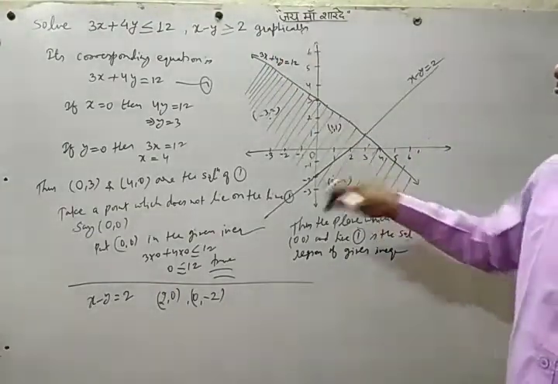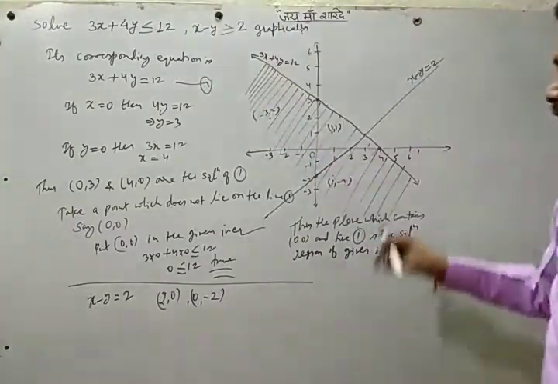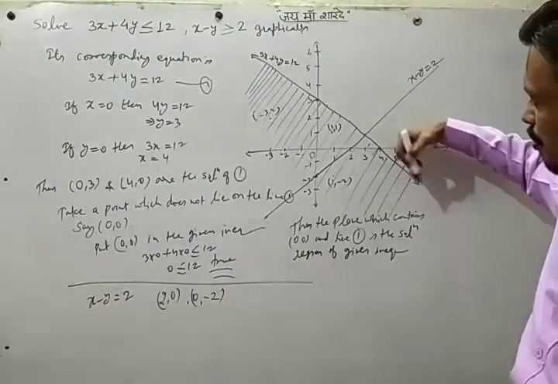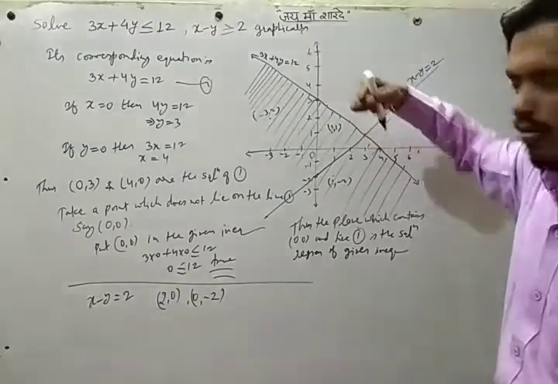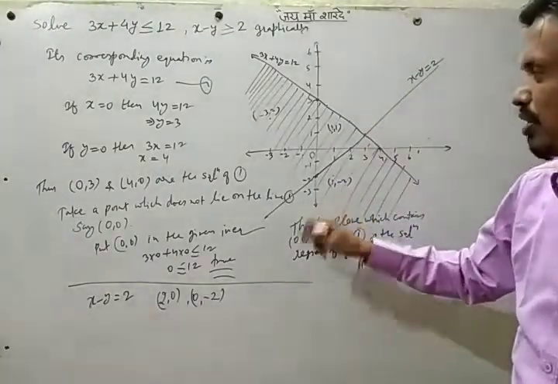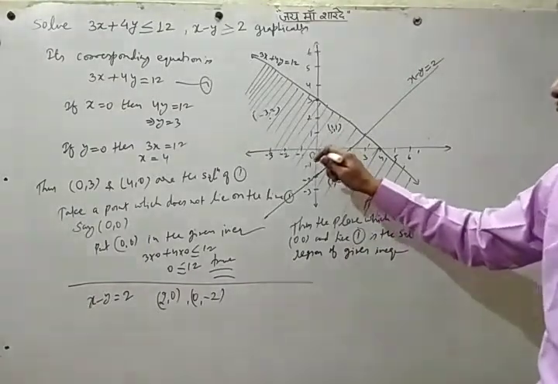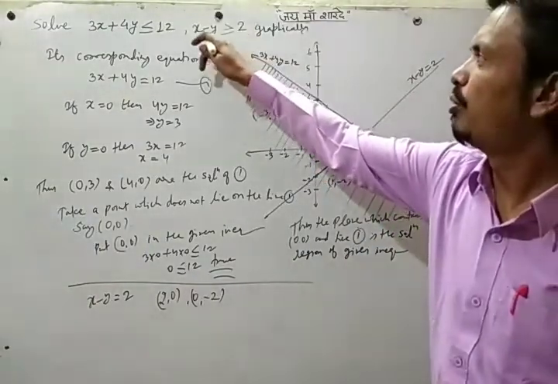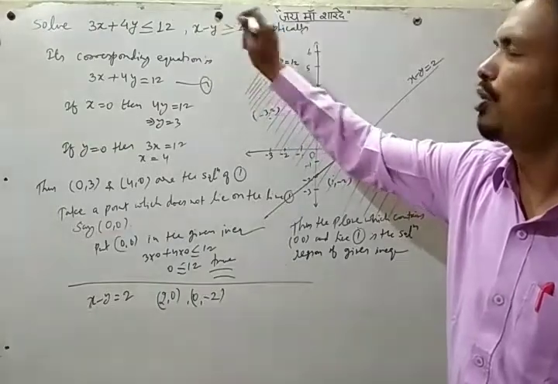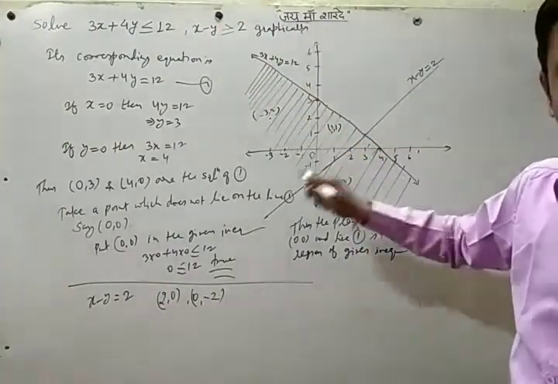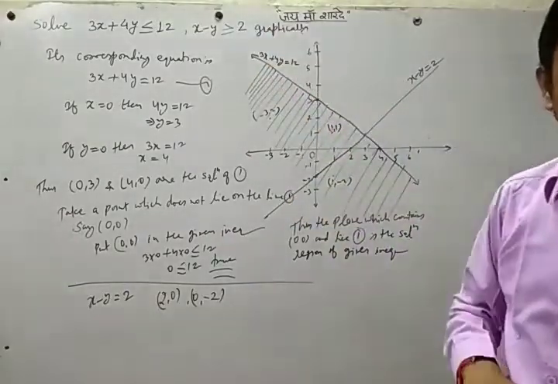Now to find the solution of this inequation, again we can take the same process. We can take one point from this plane, above this line. So if the line is not passing through 0 0, we can take 0 0. We put here 0 minus 0, 0 more than 2. No, it means this point does not satisfy this inequation.